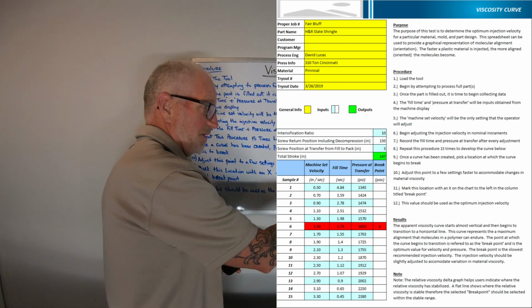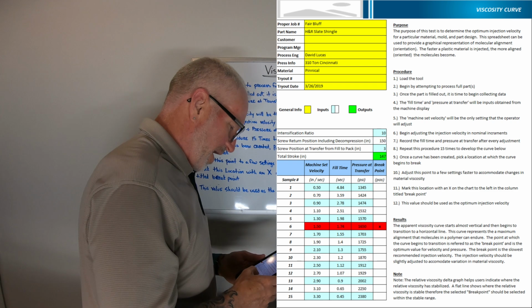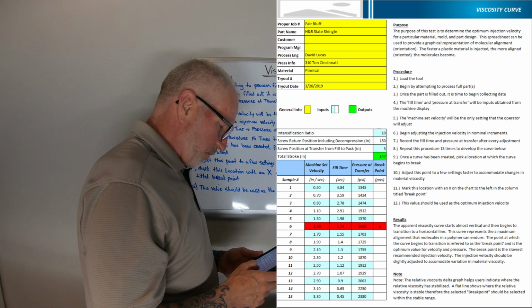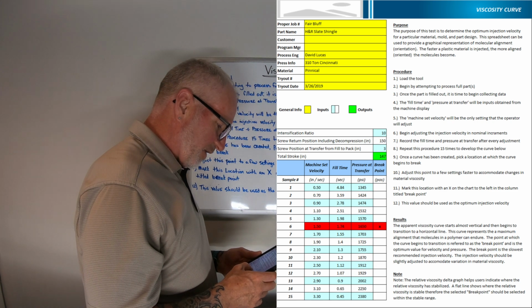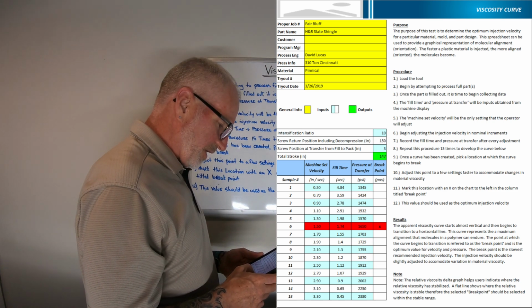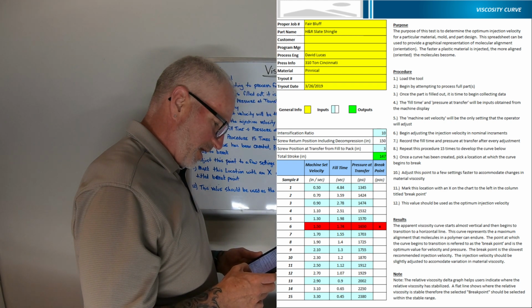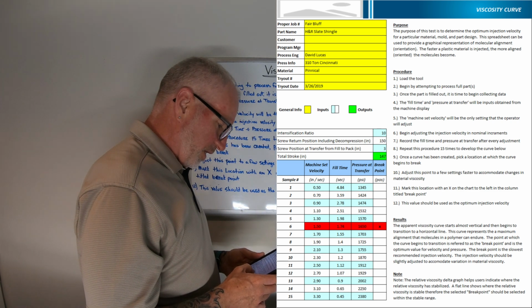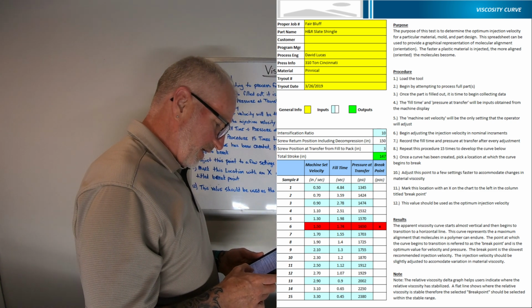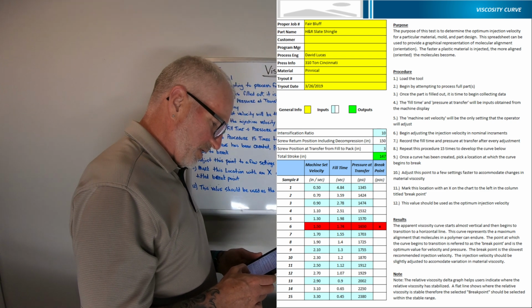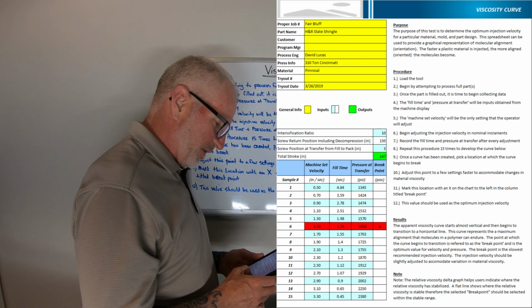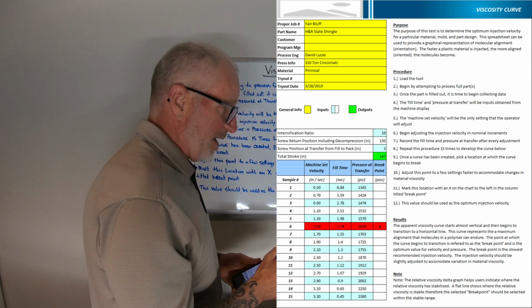So if you see that over there, you can see the platform I have set up already. Note, the relative viscosity data graph helps users indicate where the relative viscosity has stabilized. A flat line shows where the relative viscosity is stable. Therefore, selecting a breakpoint should be done within a stable range.